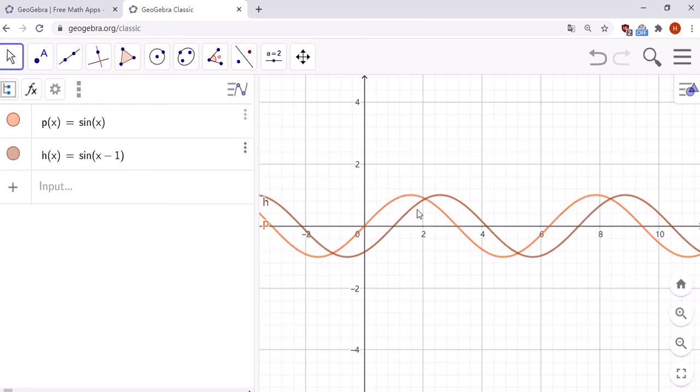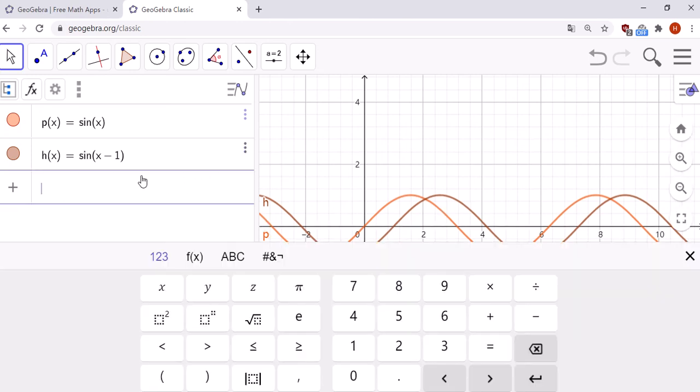So you see this one. That means the graph moves right by 1 unit. The period is the same, and the maximum value and minimum value are the same as the parent function.